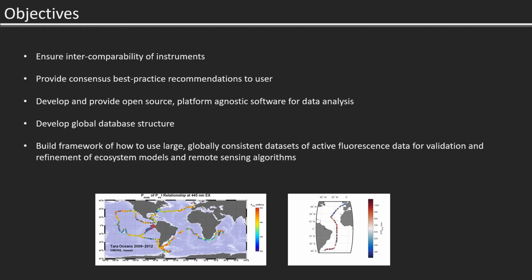We want to develop and provide some open source software where end users can reanalyze the active fluorescence data using different algorithms to calculate electron transport and productivity and compare these different approaches to each other in an easy way. We want to develop a global database structure where this comparable data can be deposited and reanalyzed as really big data sets. And we want to build a framework of how to use these large, globally consistent data sets of active fluorescence, in particular for the validation and refinement of ecosystem models and remote sensing algorithms.